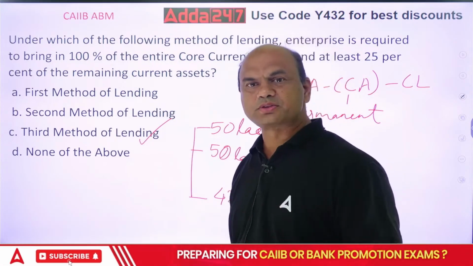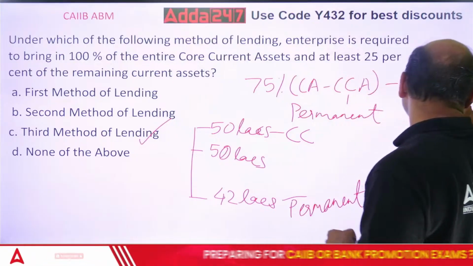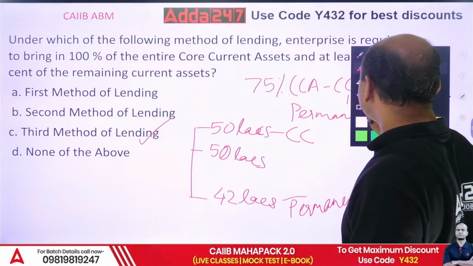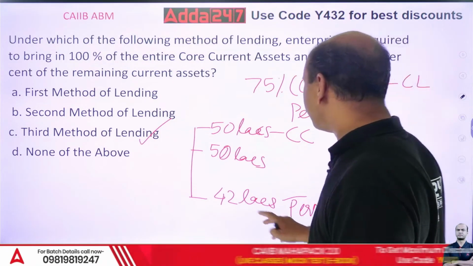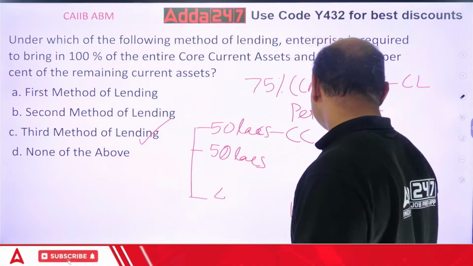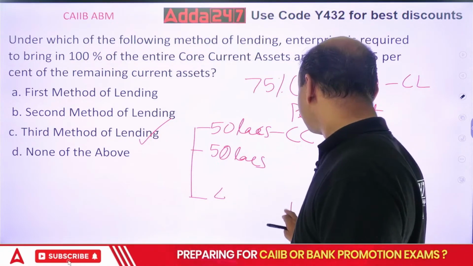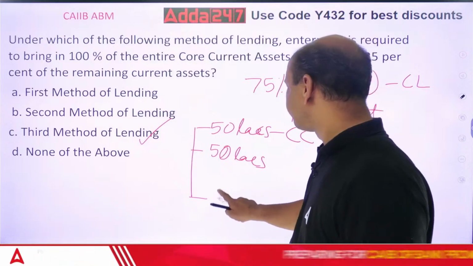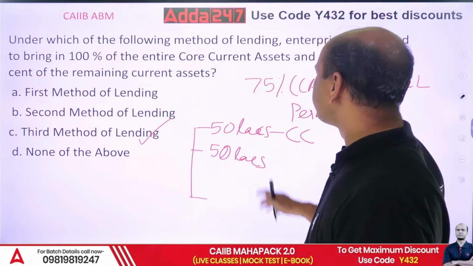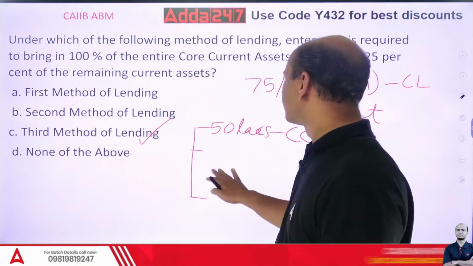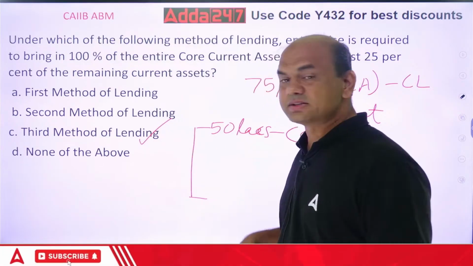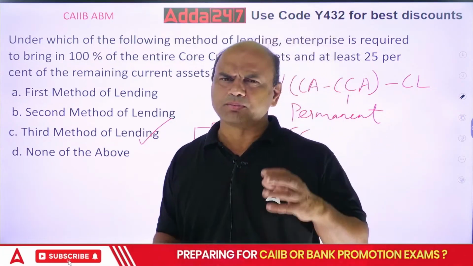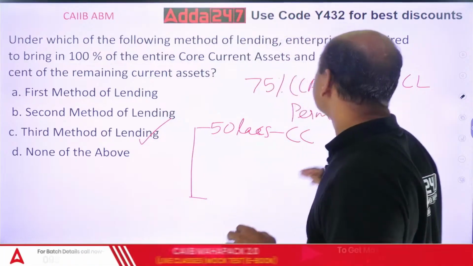So what do the banks do? Banks follow a different method in this. Suppose I have given a loan of 50 lakhs. Banks judge this customer: what is the minimum level of working capital requirement?